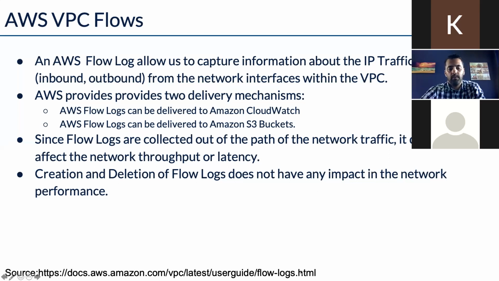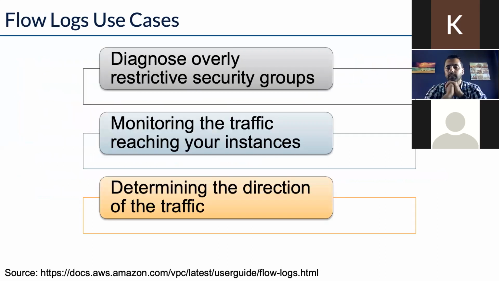That's why there are some use cases for VPC flow logs. Security is probably one interesting, but if you are a network engineer, you can use this kind of information to diagnose, for example, overly restrictive security groups. Let's say you really want to raise the security posture of the organization by restricting security groups.